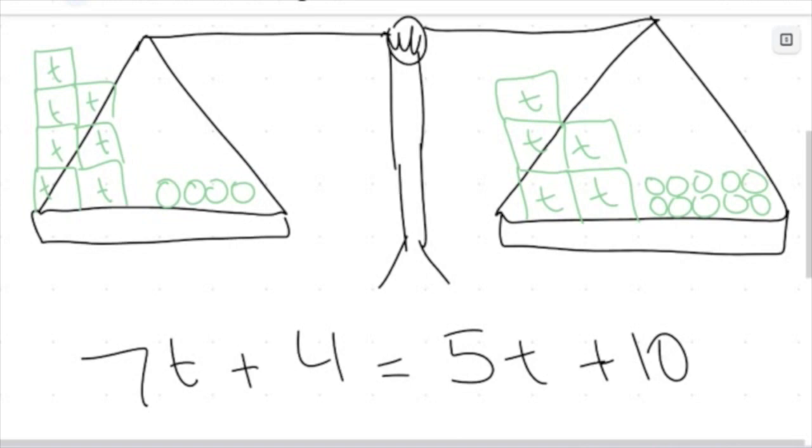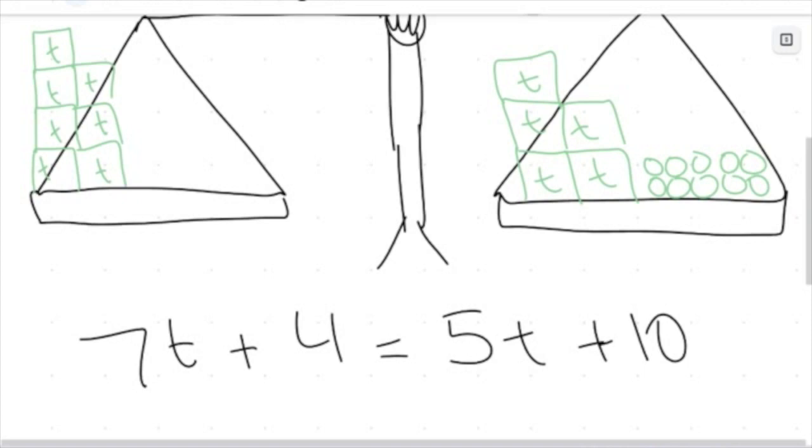Because it's an equation, my left-hand side is equal to my right-hand side. So whatever operation I do to one side is going to unbalance the scale. So I want to do the same thing to the other side to get it back to a stable position. So what I want to do to start off with, let's remove 1, 2, 3, 4 marbles from the left-hand side.